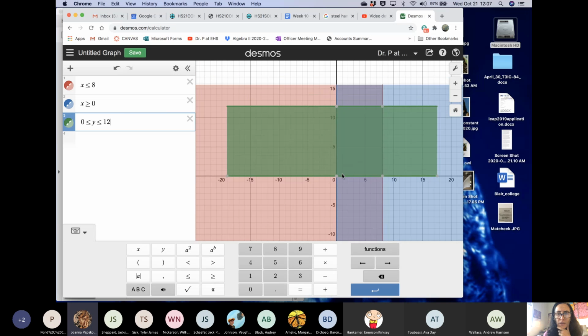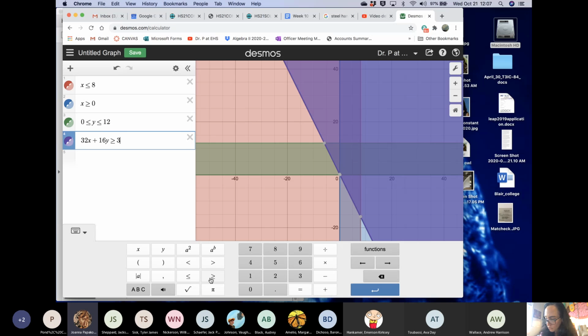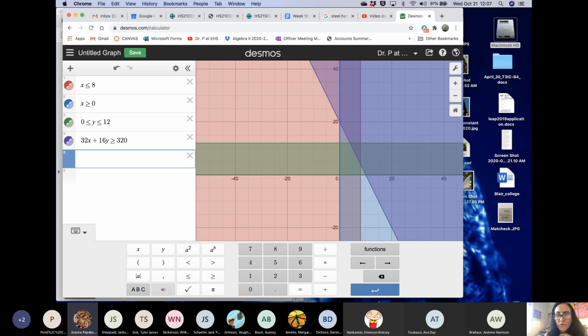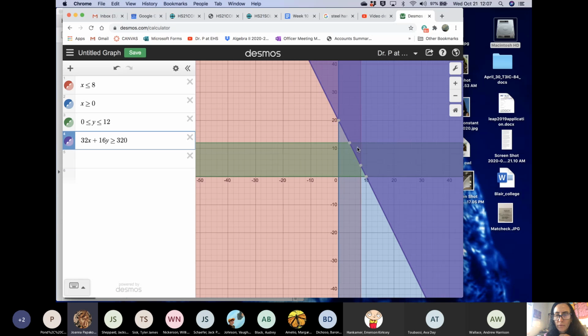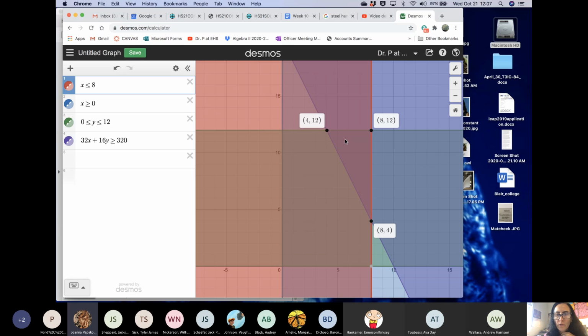Last but not least, I have 32x plus 16y is greater than or equal to 320. So here's my feasible region. There's a vertex, there's a vertex, there's a vertex.